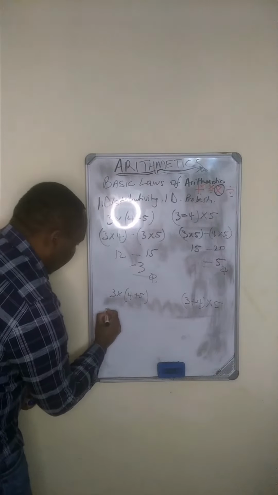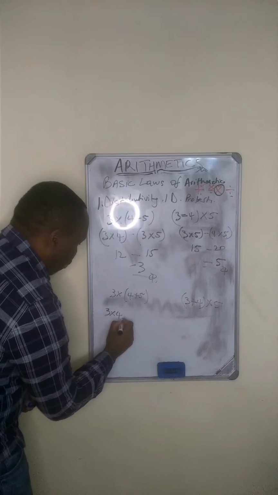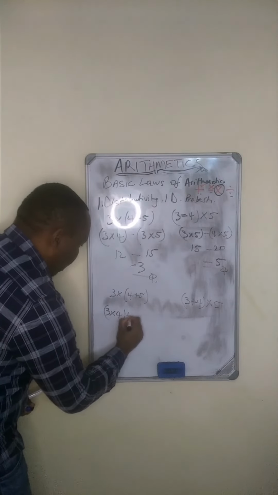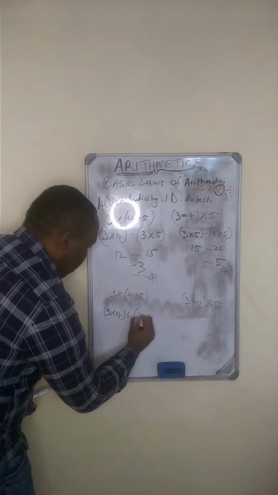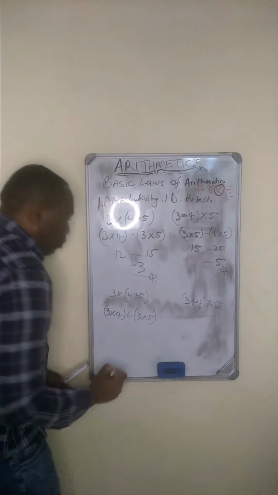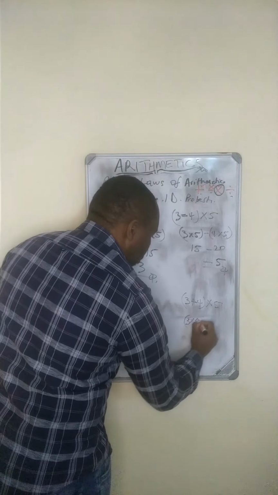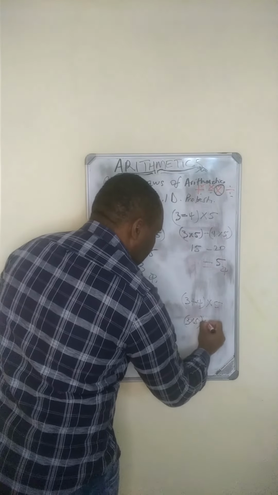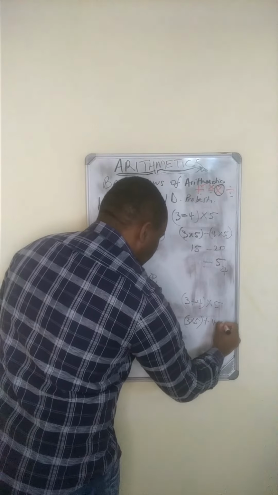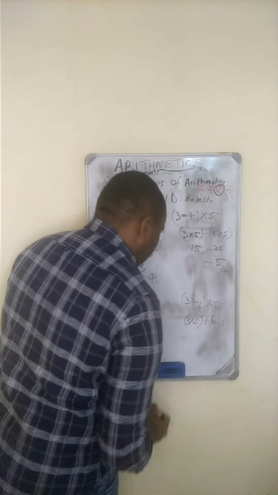So we split now. We say 3 times 4, close bracket, plus, open bracket, 3 times 5, close bracket. Same thing here, 3 times 5, open and close bracket, plus 4 times 5, open and close bracket.